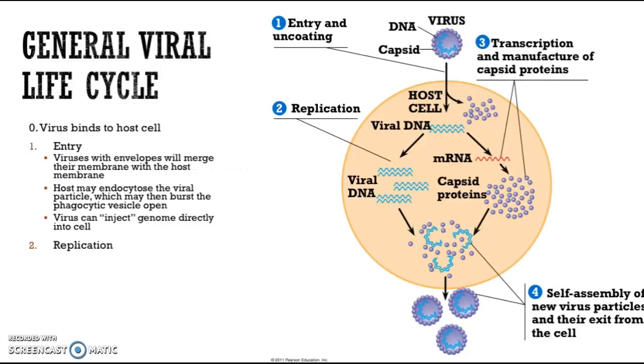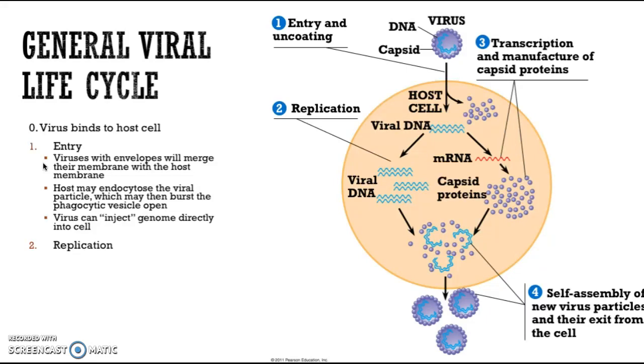So let's take a look at the general viral life cycle. In the image that I took from the book, it has entry as step number 1, but before that, the virus has to be able to bind to the host cell, like I just said. Then it can enter. Viruses that have envelopes can sometimes have that envelope merge with the cell membrane, and then the envelope dissolves into the cell membrane, and that allows the rest of the viral particle into the cell.